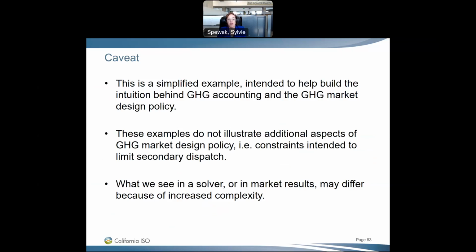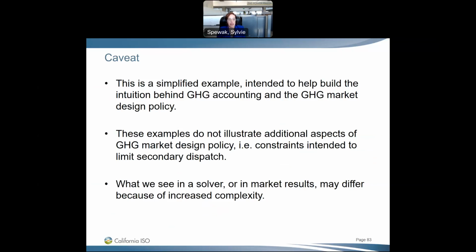These examples do not illustrate additional aspects of GHG market design policy. For example, we include constraints today that are intended to limit secondary dispatch, which is a term that I haven't really talked about in this presentation and won't be covering in this presentation.